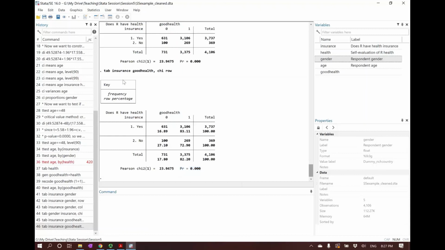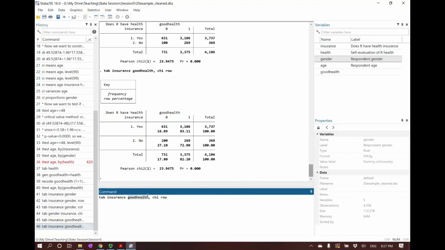Okay, so the cross tabulation and the chi-square test do not have to be only for binary variables. As long as these are categorical variables, it will be fine. You could have more than 2 categories. For example, we could do tab insurance and health. We have 5 health statuses.